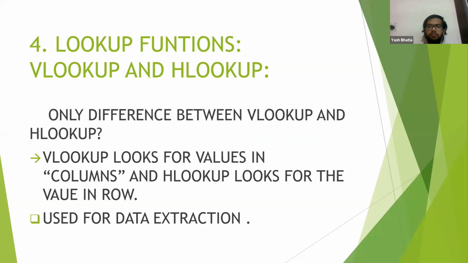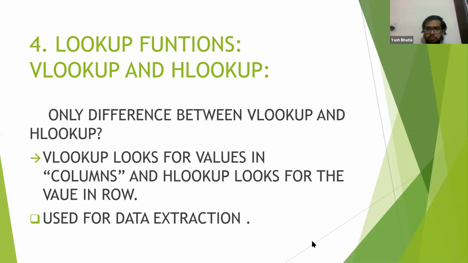There is only one minor difference: VLOOKUP looks for the values in the column and HLOOKUP looks for the values in rows. As I previously said, these are used to extract data. Let us see how it's done.